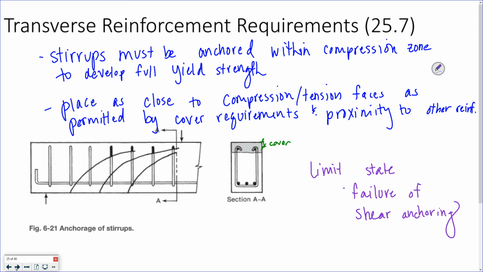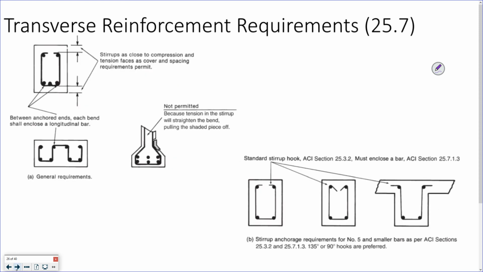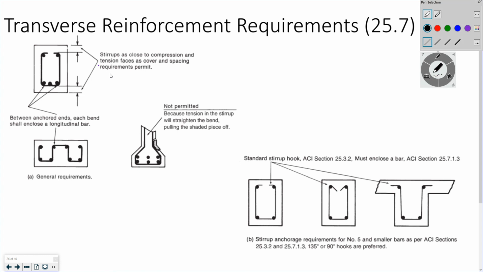Just some other things. These are in the book and they're fun to look at. This is our stirrups, as close to the faces as you can get. That allows the development. You always have to have a longitudinal bar in each bend, even if it's just minimum. This would not be allowed if you had something that looks like an I-beam, or like a jersey barrier.